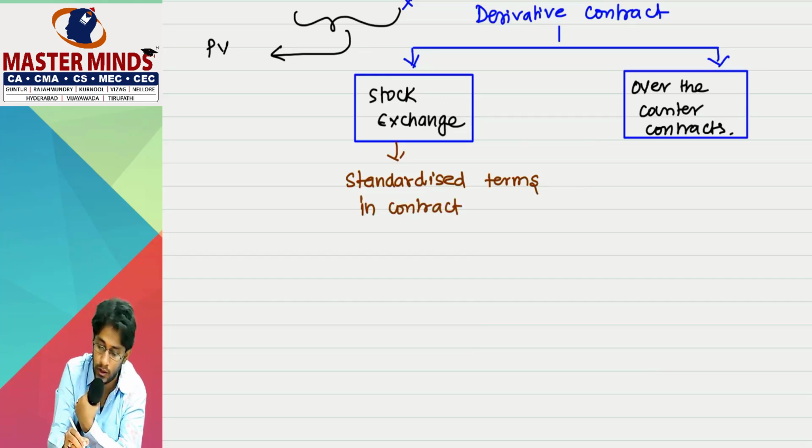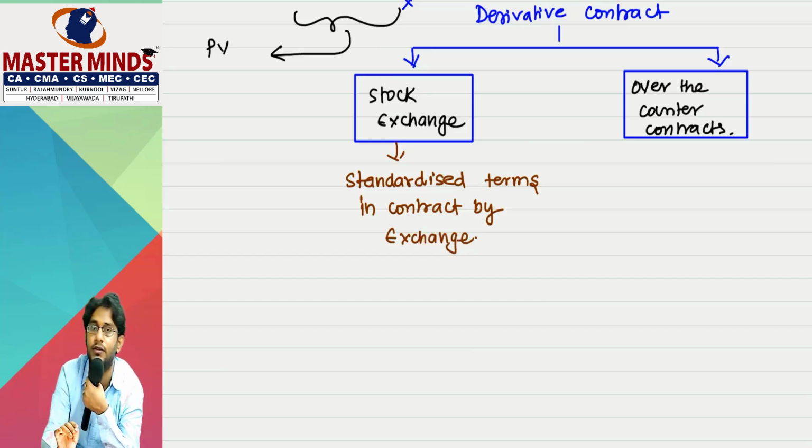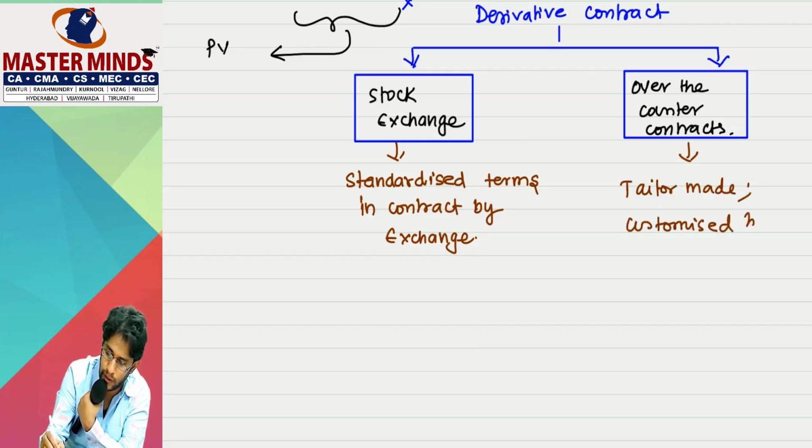Not you, the exchange. The exchange already fixes the terms and conditions of the derivative product, whereas over the counter contracts are tailor-made, customized contracts. Who will decide this? Made by parties.